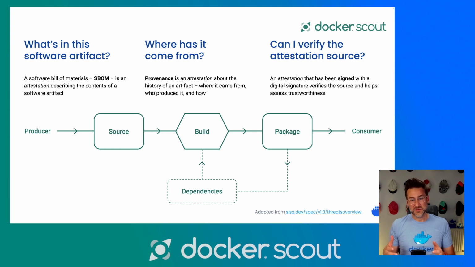And then to make these attestations really verifiable and trustworthy, they should ultimately be signed so that the consumer can verify the identity of the person providing these attestations, to make sure that these attestations are actually coming from the person you think they are.